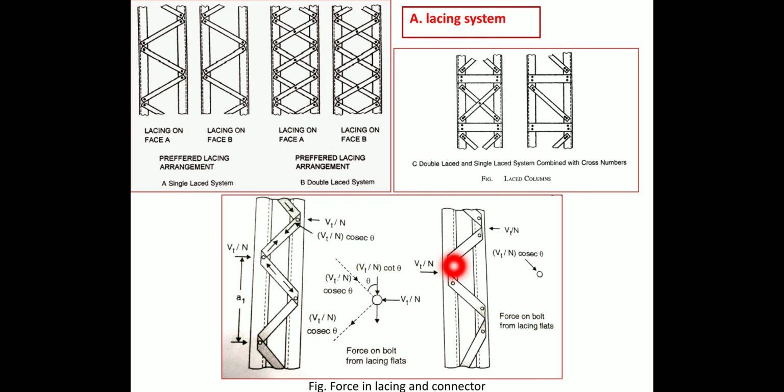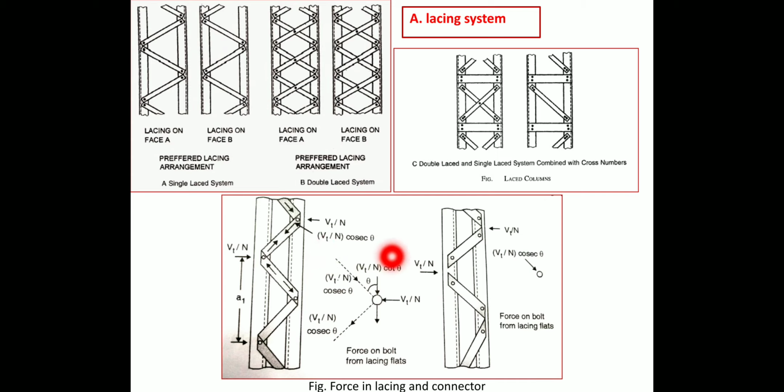Now the forces in the lacing system and the connections we are going to make can be seen through the second diagram. The force acting axially through this lacing bar we can call P1 or P2, with respect to the angle of inclination theta equal to 45 degrees, and the force acting laterally is called Vt by N, that is the tangential shear.